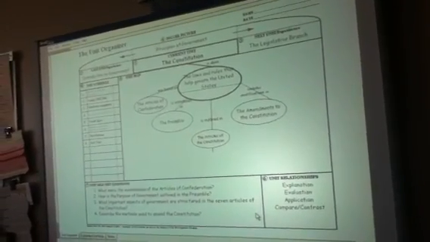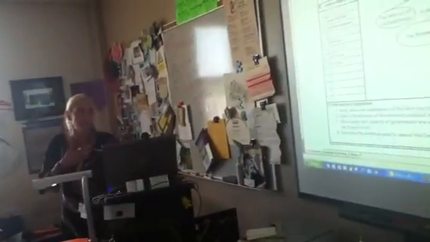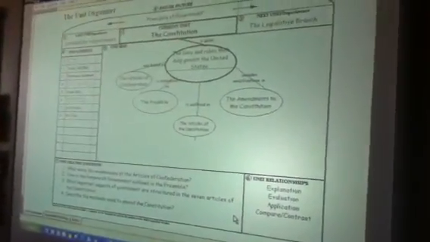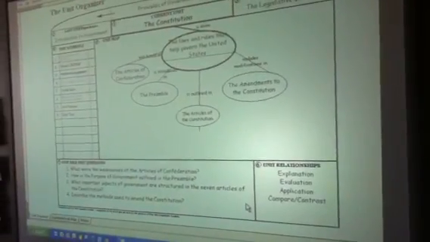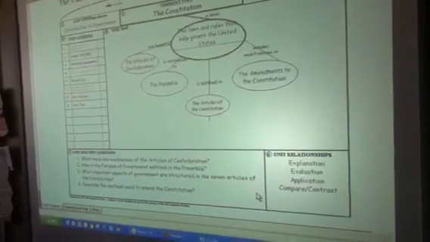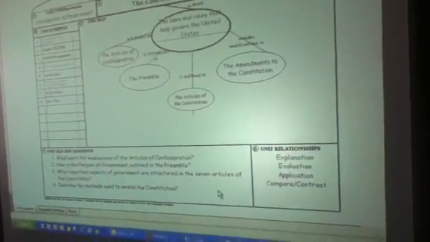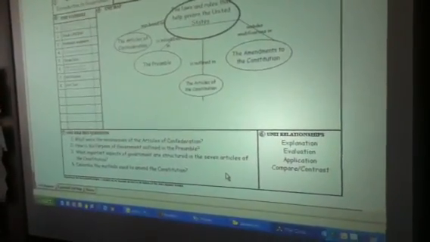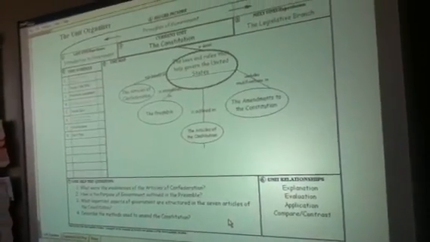So our first check for understanding: can you answer the question, what were the weaknesses of the Articles of Confederation? Next, how is the purpose of government outlined in the preamble? Your third self-test question, what important aspects of government are structured in the 7 Articles of the Constitution? And last, describe the methods used to amend the Constitution.